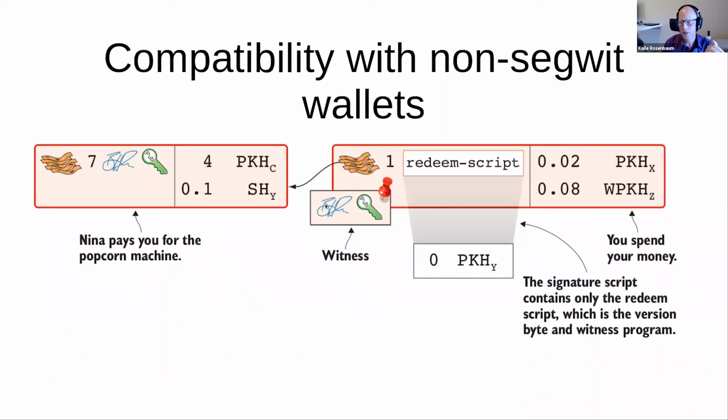And then you have the witness like this. So now you can verify that the redeem script matches this script hash here. And then if the redeem script is the pay to witness public key hash pattern, you will verify this against the witness the way you would verify a normal pay-to-witness public key hash payment.